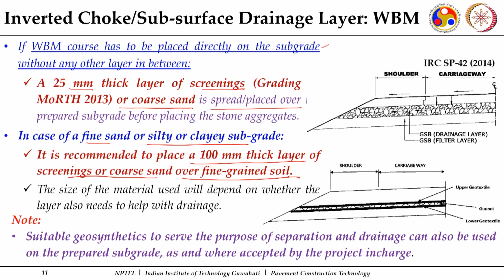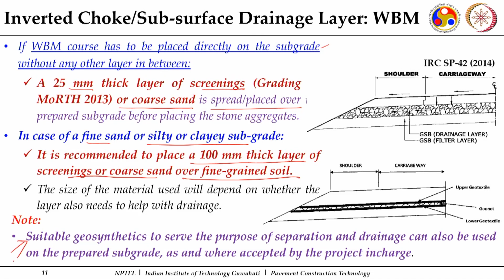This is because there should be no intrusion of the soil particles into your waterborne macadam course. So, we will prefer to lay a layer of screening material, and the thickness will depend upon the type of subgrade soil over which this waterborne macadam course is going to come. And in certain cases, if the project allows, it is always preferred that we go for some combination of geosynthetics.